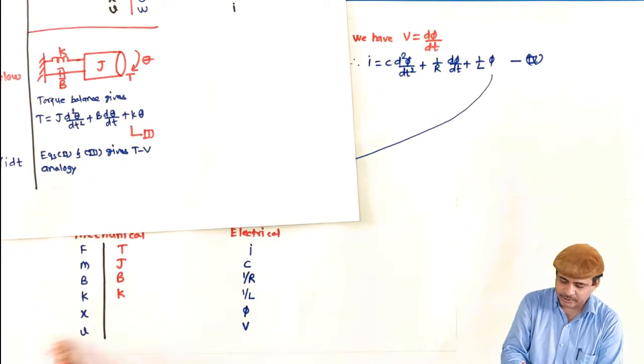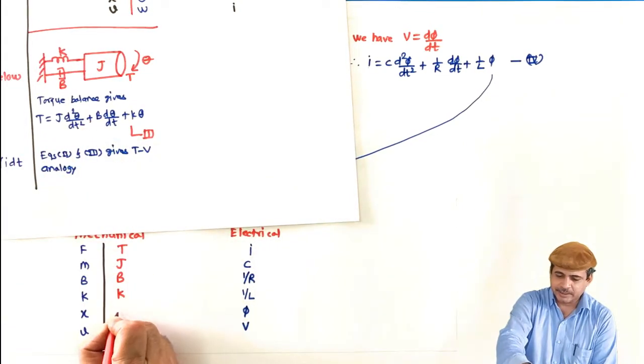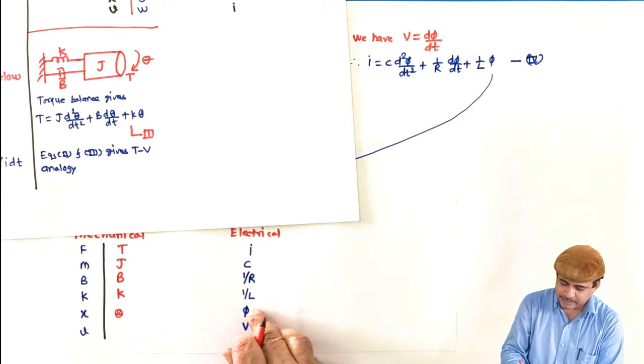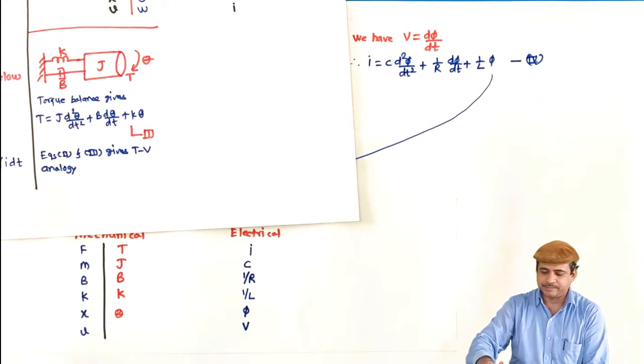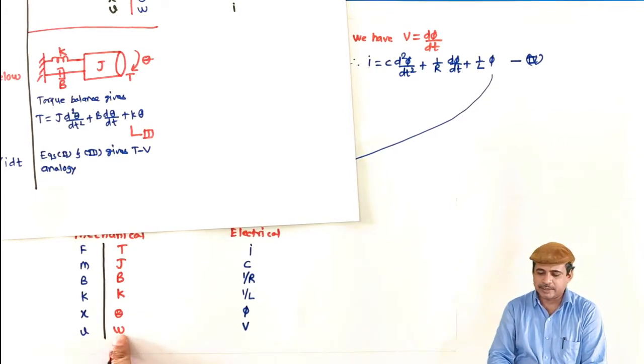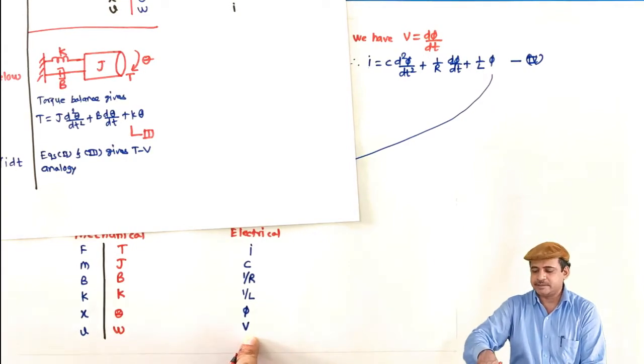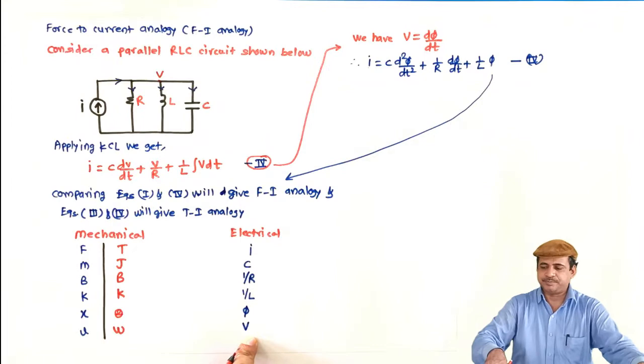Shaft stiffness constant K is analogous to the reciprocal of inductance. Angular displacement theta is analogous to flux phi, and angular velocity omega will be analogous to d phi by dt, that is V, voltage.